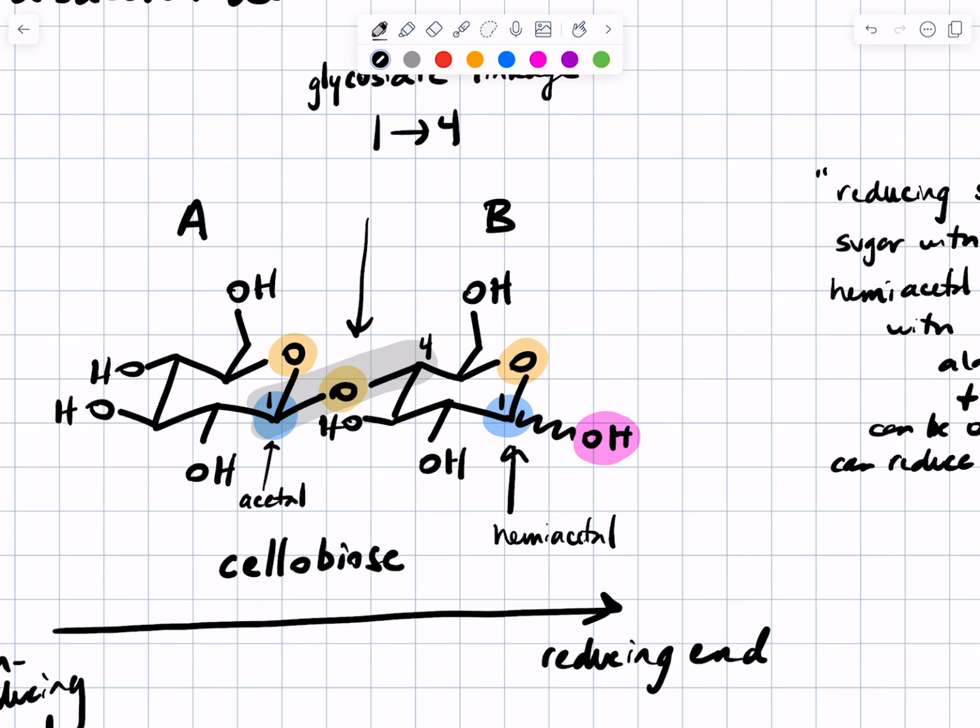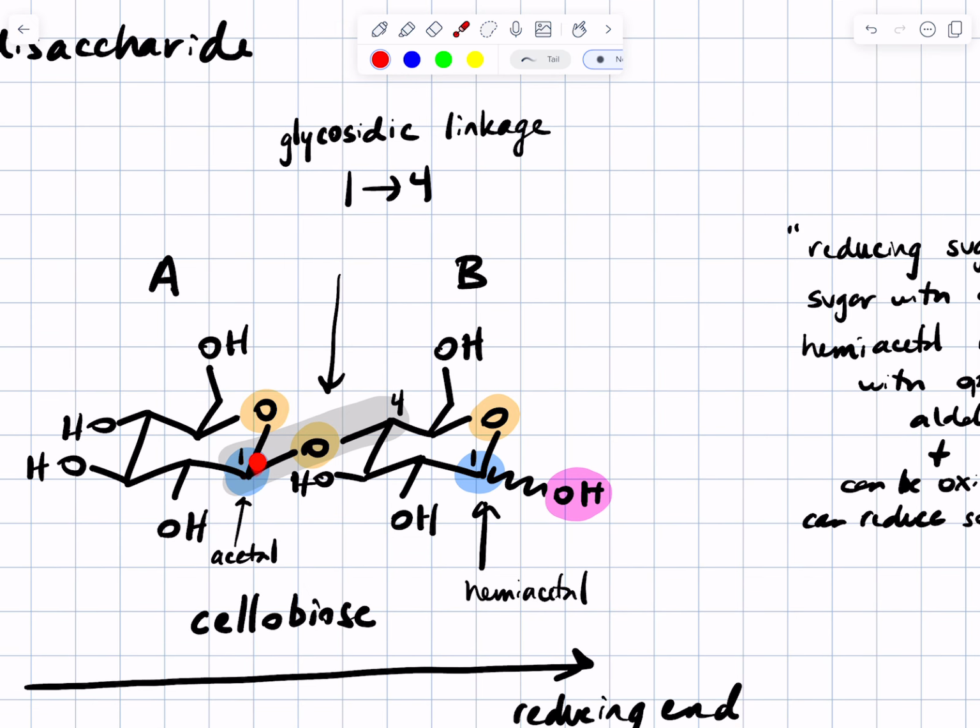So we'll describe this glycosidic linkage as a 1,4 linkage. But we're not done because we need to describe the stereochemical configuration of C1. In this case, it's beta because the C1 oxygen is up on the same side of the ring as the C5 hydroxymethyl group.